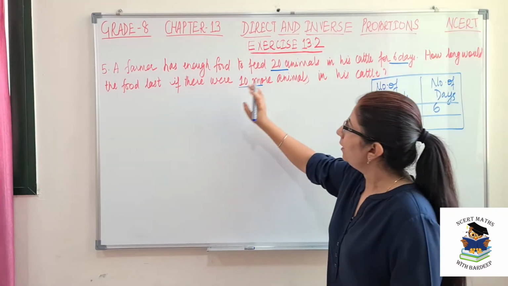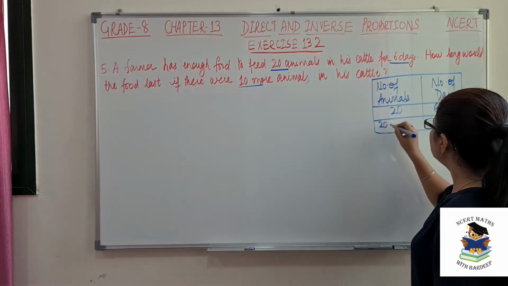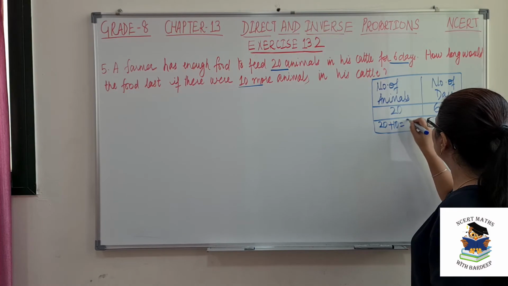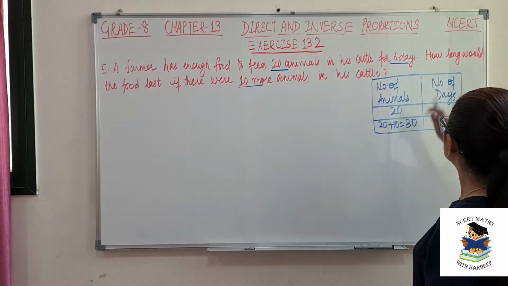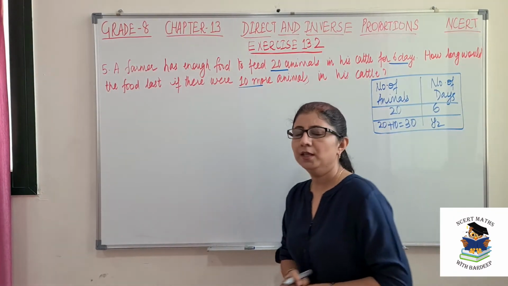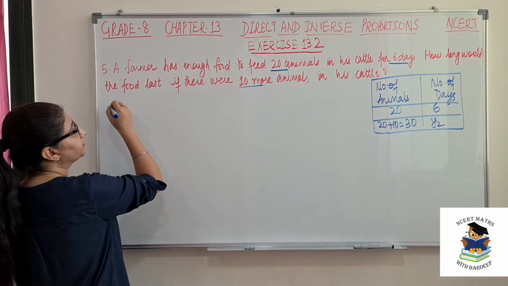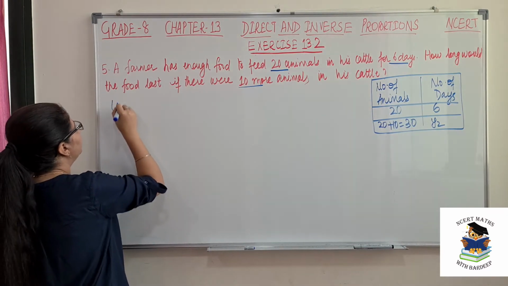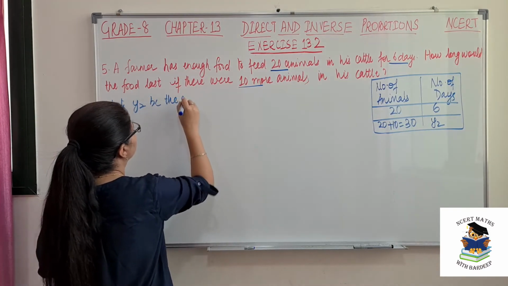Then if there were 10 more animals, previously it is 20, now 10 more, so it will be 30 animals. So let it be y2 days. Now let's solve this. First write, let y2 be the number of days for which food will last if 30 animals are there.